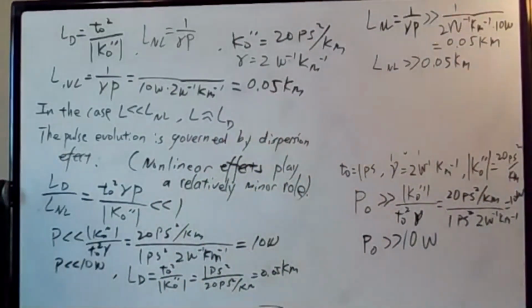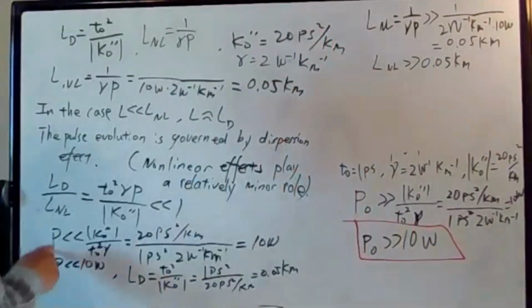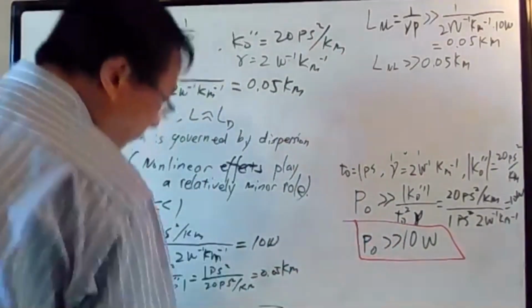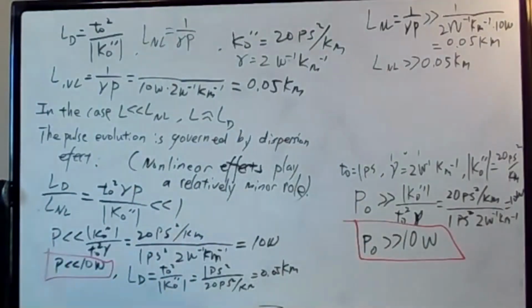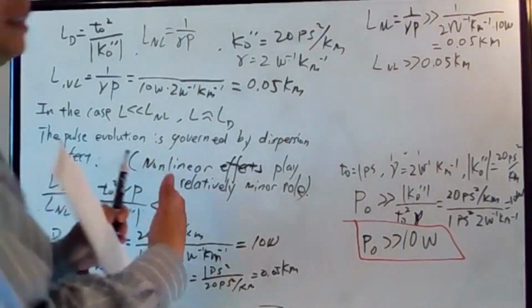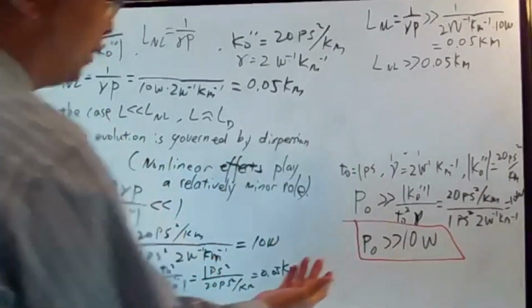This is nonlinear dominate. This is dispersion dominate, right? So depending on the power. Because the dispersion effect does not depend on the power. Dispersion effect only depends on the spectral width, how much is the dispersion.